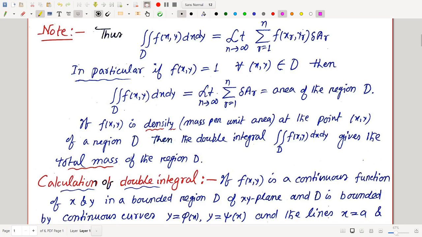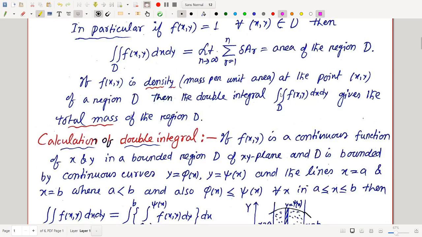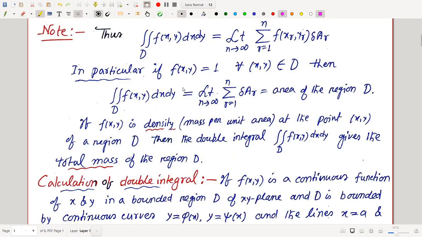So when the function, rather the integrand, is 1, the double integral gives the area of the region over which we take the double integral.